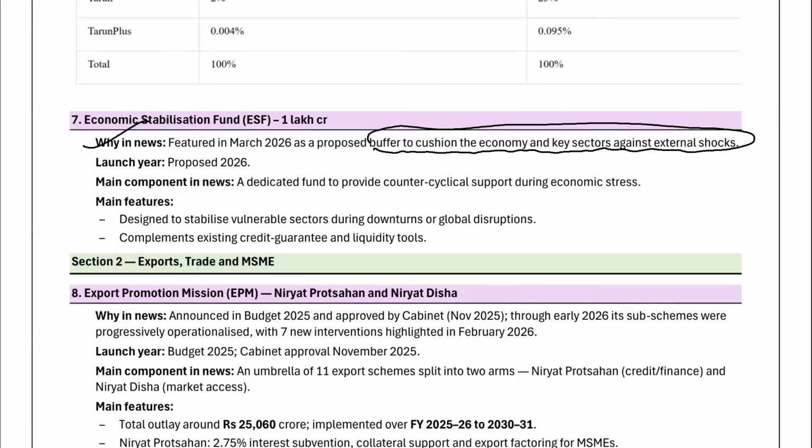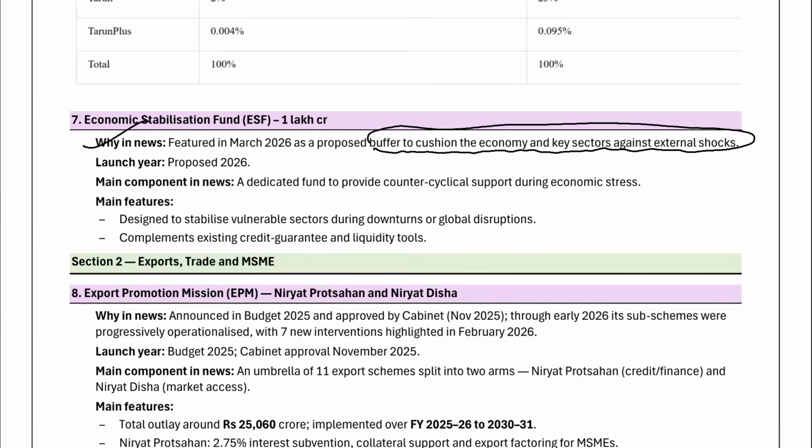So that is why the Economic Stabilization Fund, that is ESF, 1 lakh crore. What it is, please try to understand. Obviously it will be coming under the Ministry of Finance as well, because we are discussing the indexation one, which is finance, right? The key point is what has been proposed, a rupees 1 lakh crore fund. Please note it down. Economic Stabilization Fund, that is ESF, इसमें क्या propose किया गया है? 1 lakh crore fund. Is it clear?